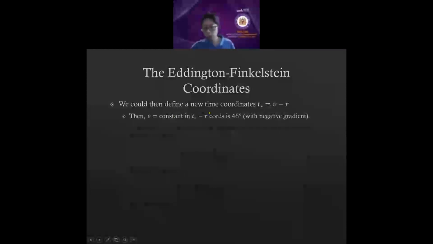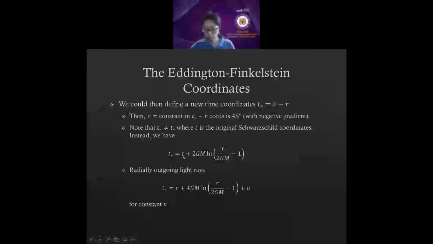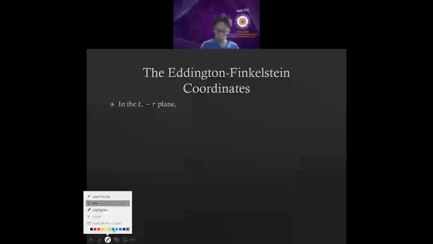We can also introduce a new time coordinate by defining v minus r, and in this case v equals constant is going to be at 45 degrees in this new coordinate, right? And readily, outgoing light rays are going to follow this equation for constant u.